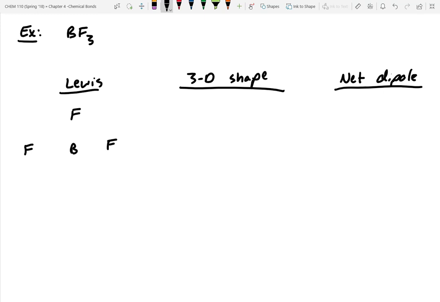How many valence electrons for boron? What row or column is it in? 3A. So I go 1, 2, 3. Fluorine should have 7.